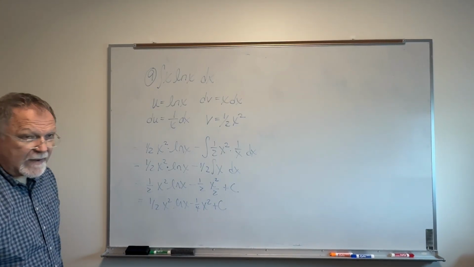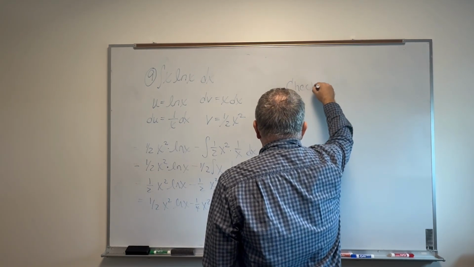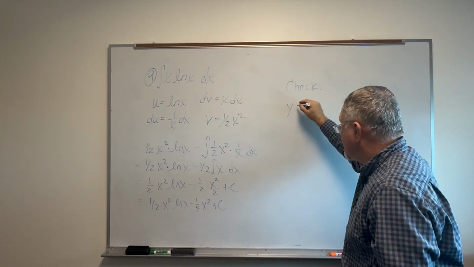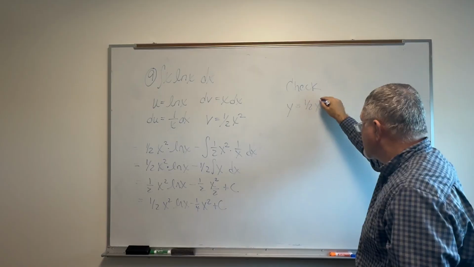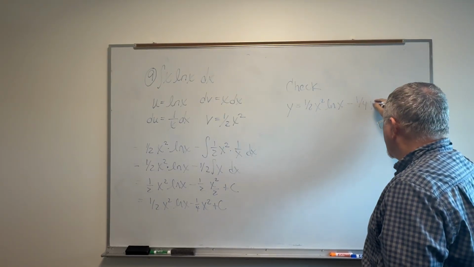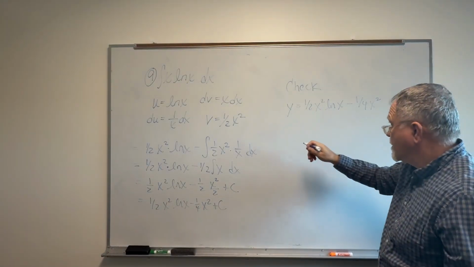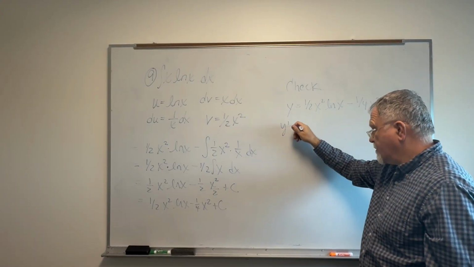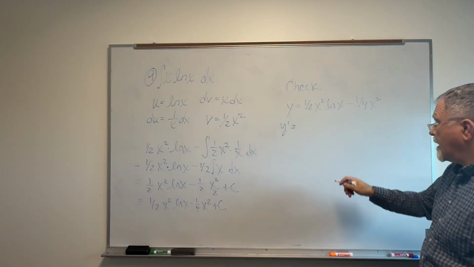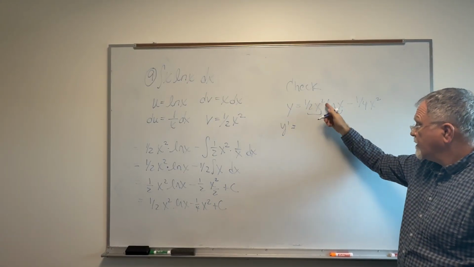All right, let me convince myself that I did it right. So y is equal to 1/2 x squared natural log of x minus 1/4 x squared. So y prime equals, and we don't have to use the product rule here. Do the first. Well, that's going to come down.